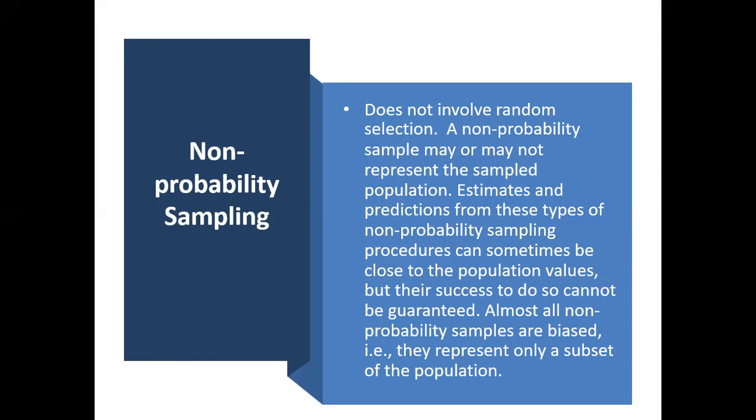You can't apply the results to the whole population, and it is not accepted by the majority of committees to generalize results to the whole population. Almost all non-probability samples are biased. That's to say, they represent only a subset of the population.